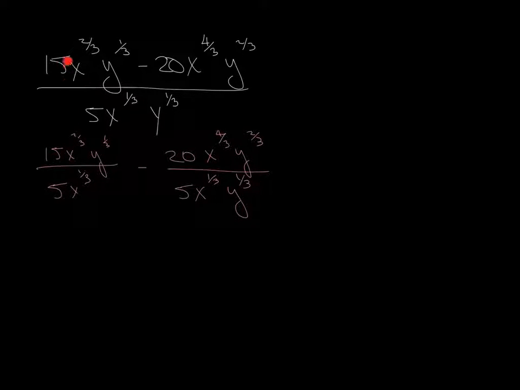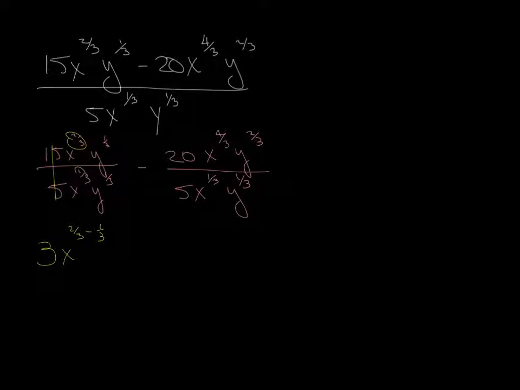Alright, so did you notice I just took this over my denominator? Oops, I left out a y, didn't I? And I put this part over the denominator. So now I can cancel. Okay, so I can only cancel the numbers, and remember when you divide you have to subtract. So this will be 15 over 5 is 3. And I'm going to subtract my exponents.